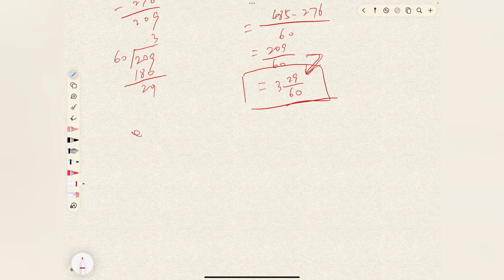Now let's look at another example. So let's say we have 2 1/3 plus 5/3.